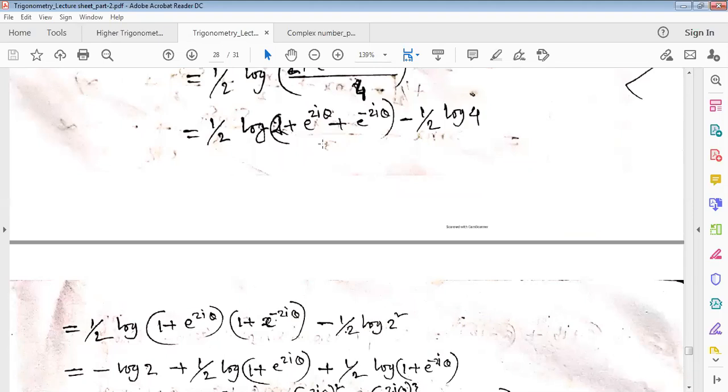Just making it factors. If we multiply these, then we get this one. Understand? 1 plus e to the power twice i theta multiplied by 1 plus e to the power minus twice i theta. If we take the multiplication, then we get 2 plus e to the power twice i theta plus e to the power minus twice i theta.